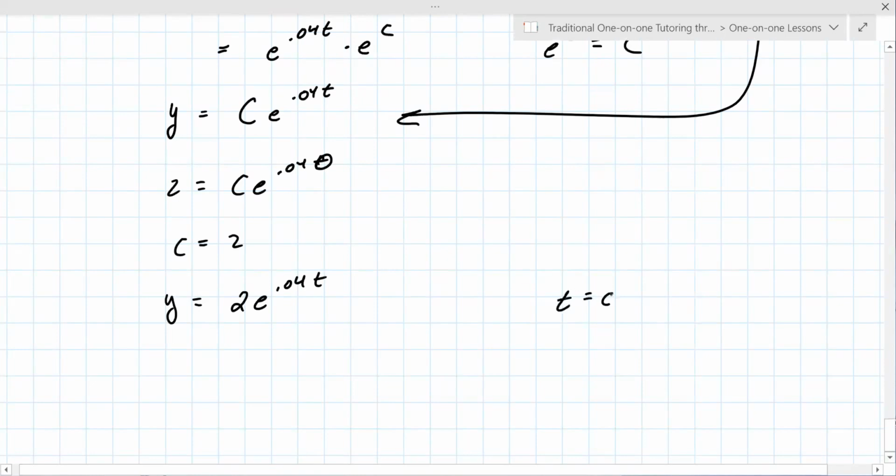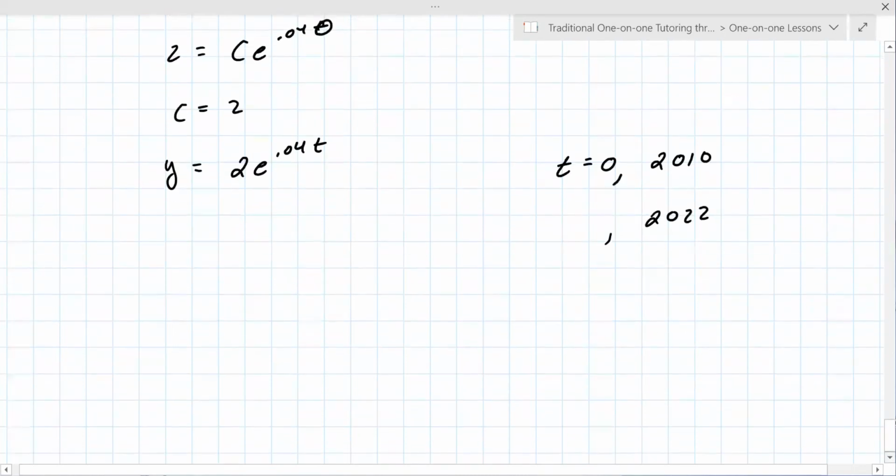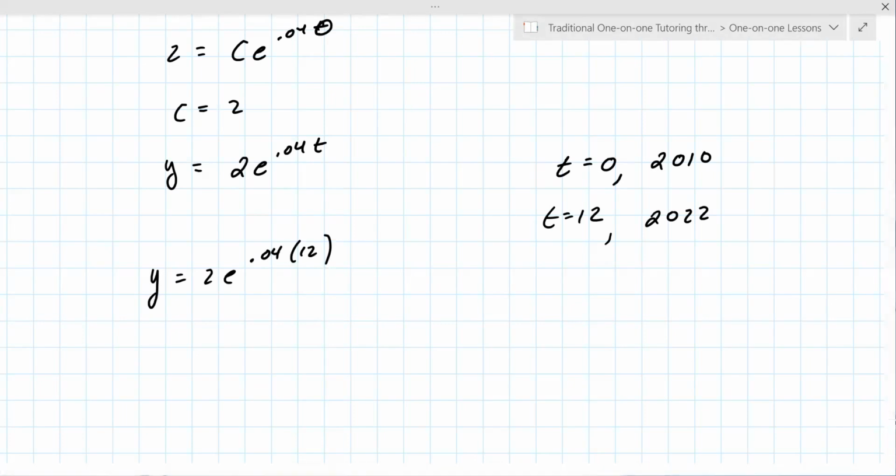Let's say that t equals 0 corresponds to the year 2010, and we want to know how much a gallon of milk will cost in 2022. So you put 12 in for t. Do you need a calculator for that?